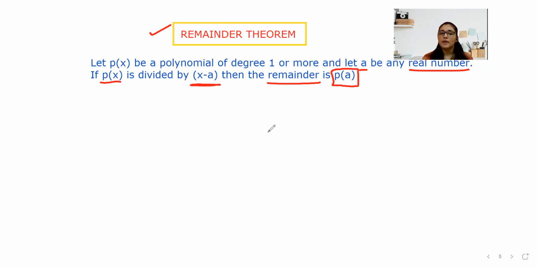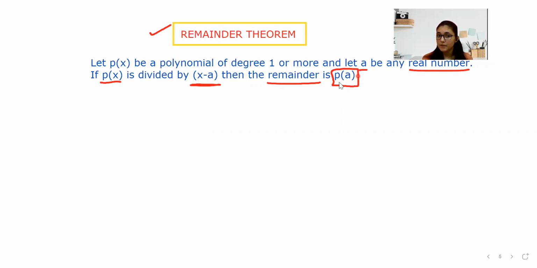So by the remainder theorem, you don't have to divide and you don't have to check. You can directly apply this result. I will repeat it once again. If p(x) is a polynomial and p(x) is divided by x minus a, where a is any real number, then the remainder of this division will always be p(a).